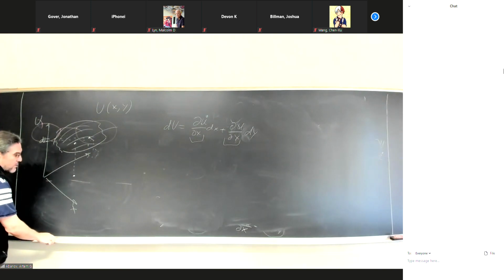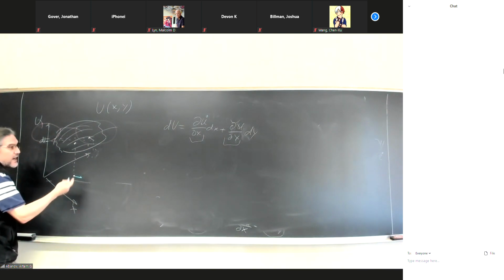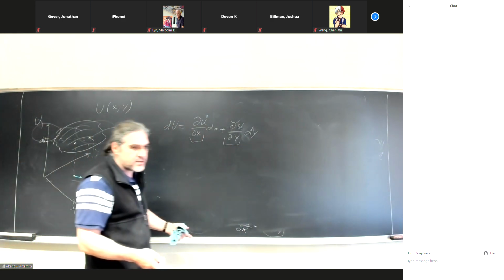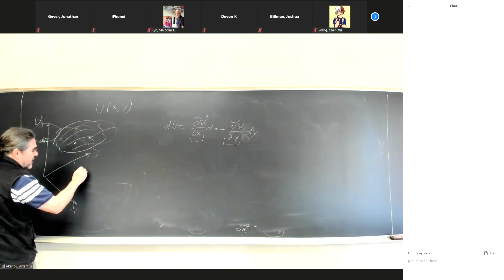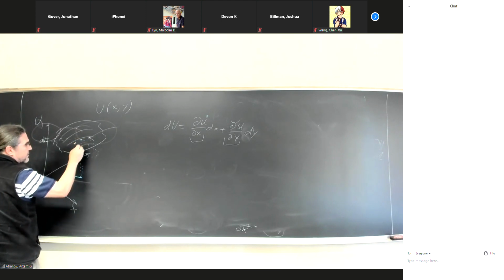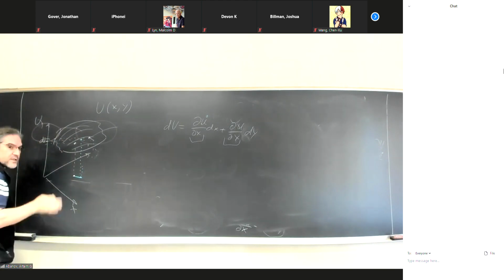Now let's move that point just a little bit along some dr, which has dx and dy as its components, right? Then this formula tells you how this function is changing. So it was this one, now it is this one. That's all.